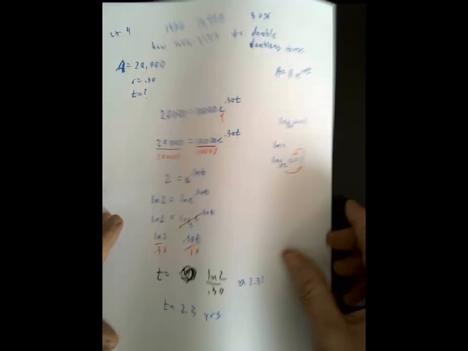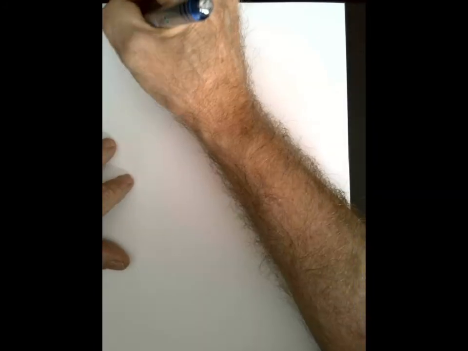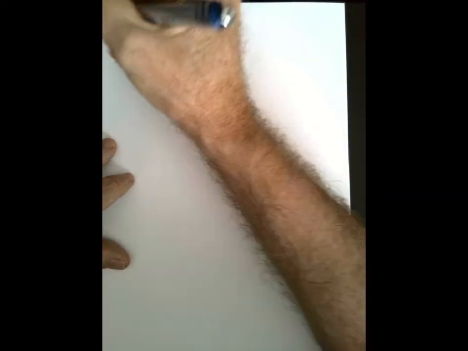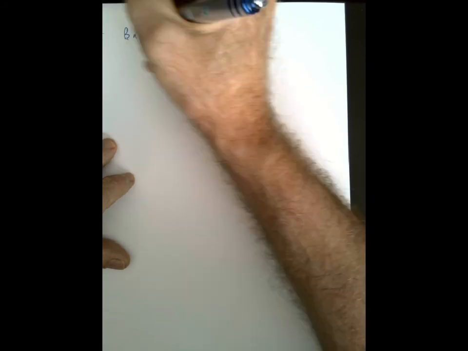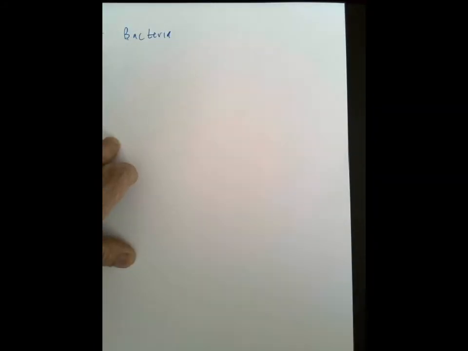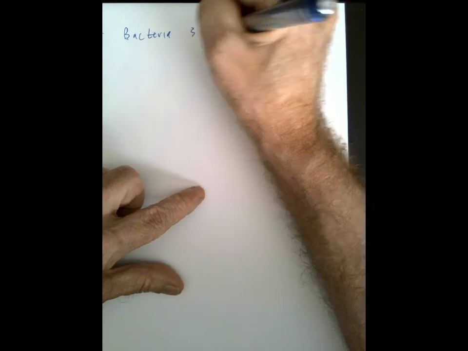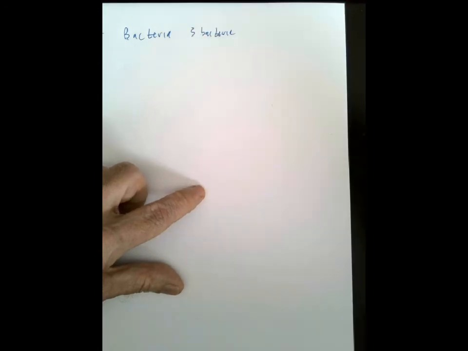Now let's go back to the next scenario after that, which was the bacteria one. Okay, remember, I think this is example 5. This is the bacteria scenario we had previously, and we were starting with 3 bacteria, right?